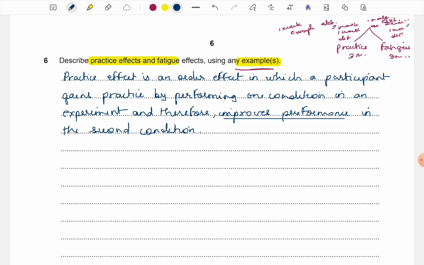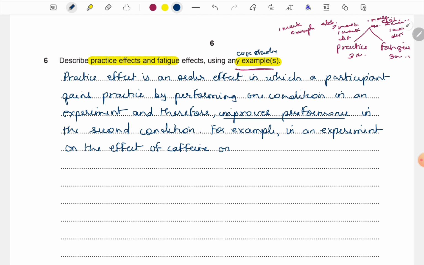Okay, now I'll give an example of a practice effect. So for example, in an experiment on the effect of caffeine on... I'm taking the textbook example here, though it's not a course study example. If they wanted a course study example, they would have mentioned it in the question. They haven't, which means you can give your own example. If you want, you can give one from course study.